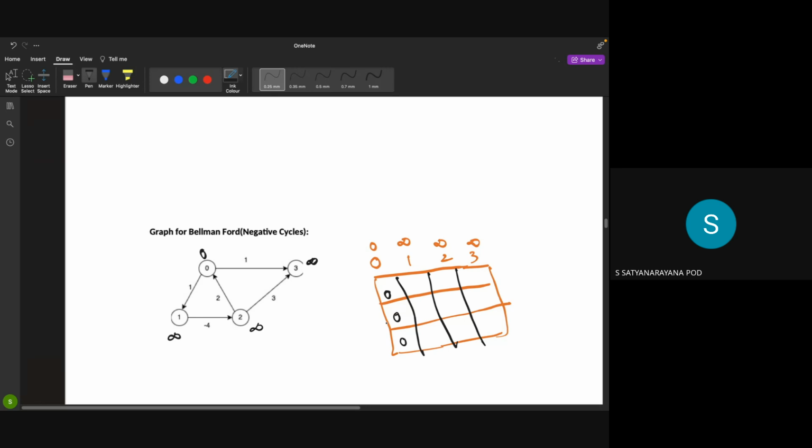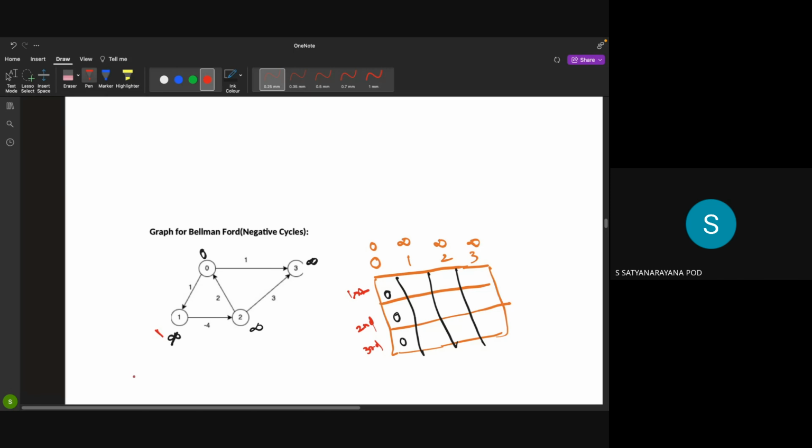0 to 1. So 0 plus 1 is a better value, so I'm doing it with red color. Maybe it's the first edge relaxation, second edge relaxation, third edge relaxation. So 0 to 1, 0 plus 1, infinite will go, 1 will come.